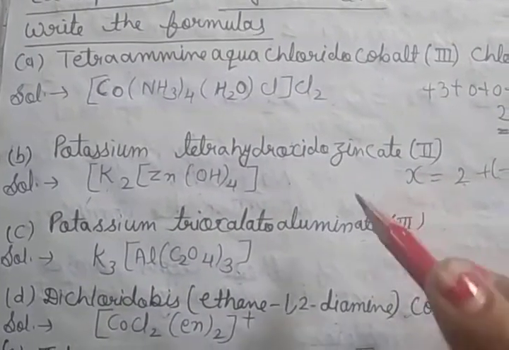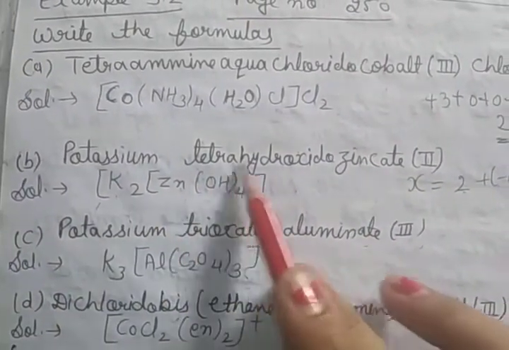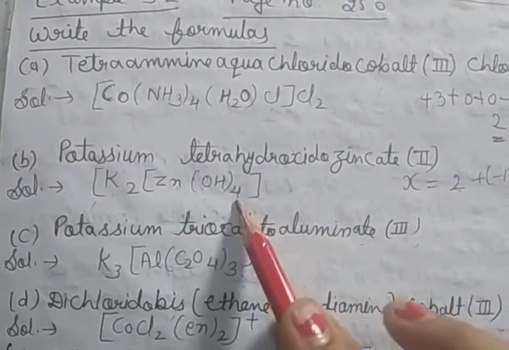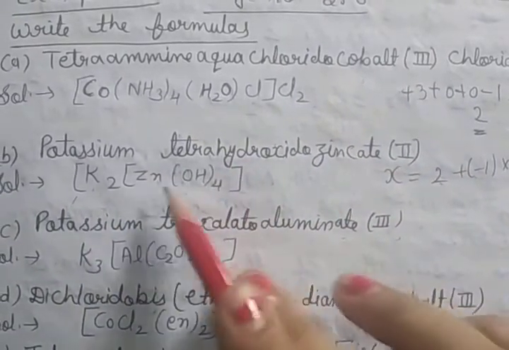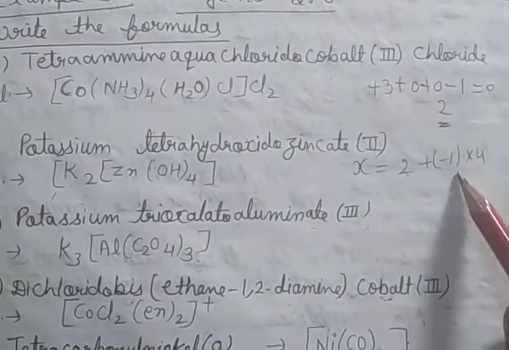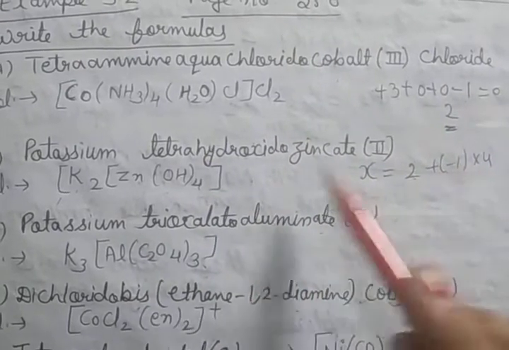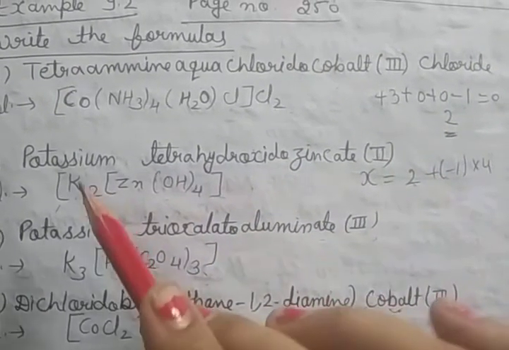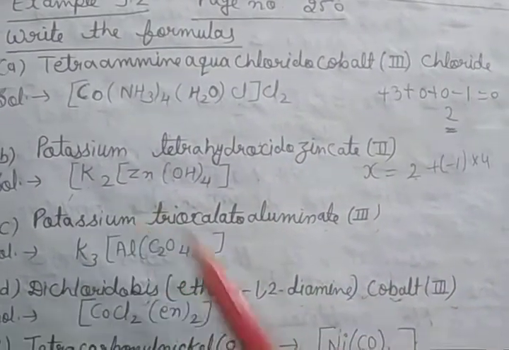Next is potassium tetrahydroxidozincate. Potassium K, tetrahydroxido means OH whole 4, zincate zinc. Second, we have to write first K +1, zinc valency +2, OH -1 multiplied by 4. So calculate, so -2. So this valency goes to the downside of the outer element, K2.